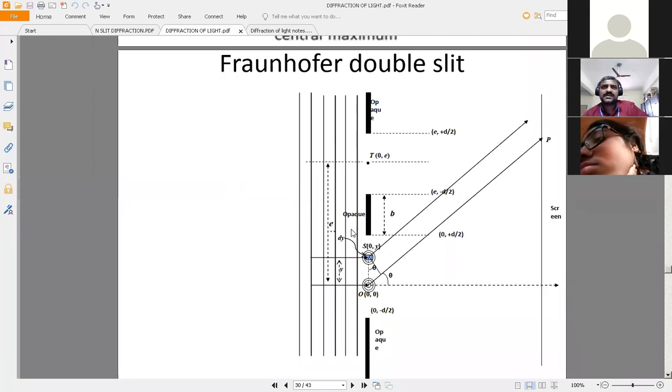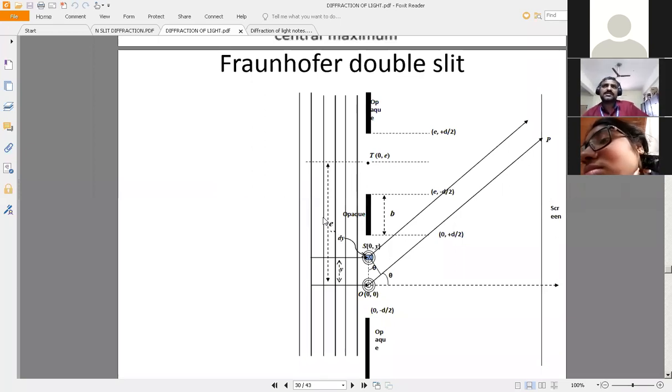So in this first slit, we already know the dimension, the center of the slit we chose as origin, whereas the second slit has another center. This center and the center of the first slit are going to be separated by some distance. This distance I am going to call small e. This small e is what you call slit separation.